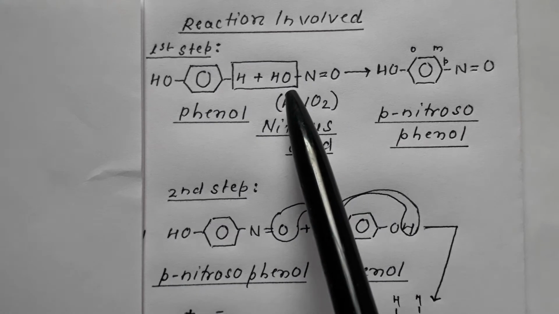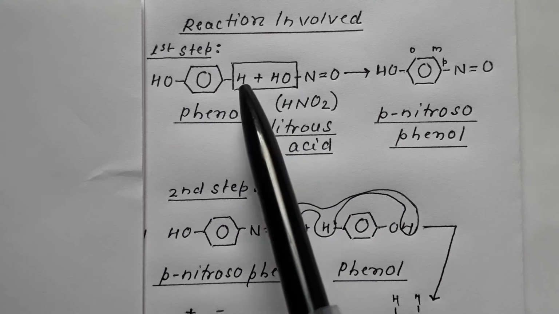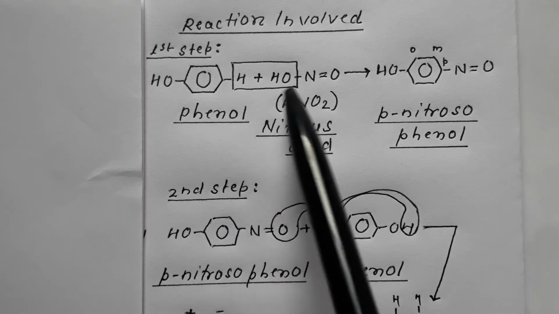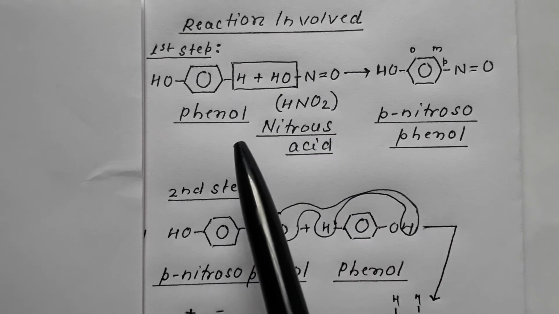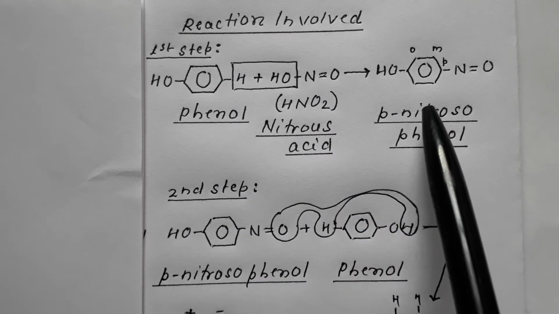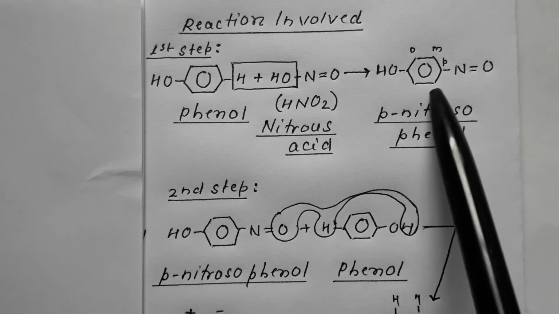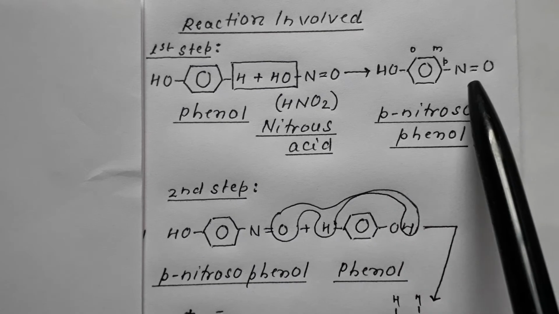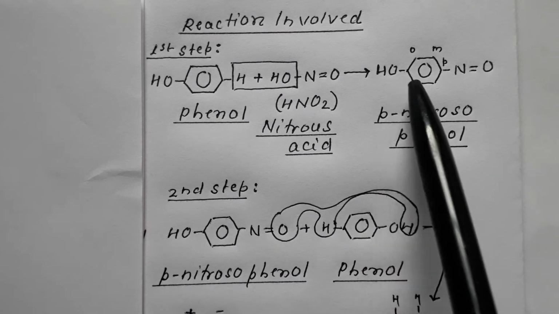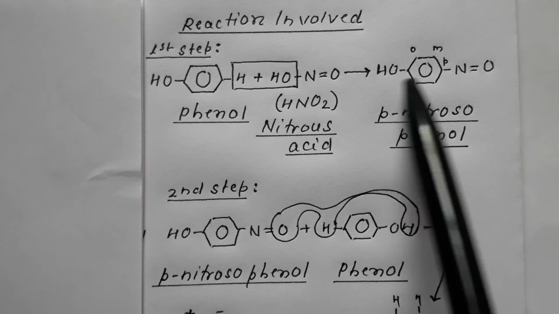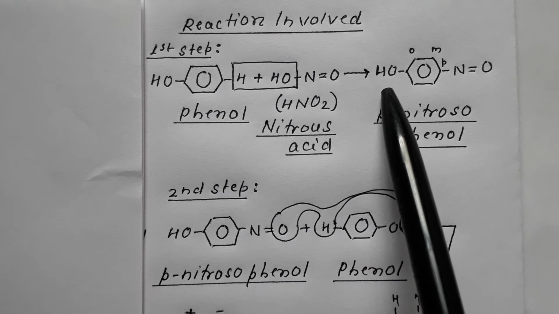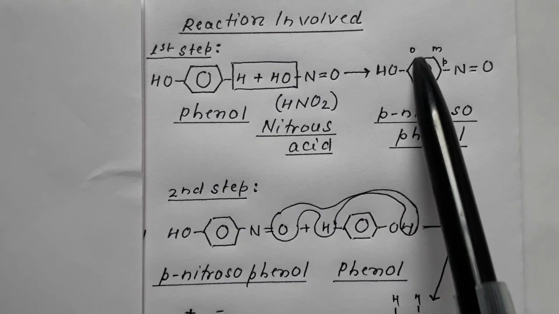So the OH from the nitrous acid and H from the phenol go in the form of a water molecule, and this NO comes at this position. So the resultant would be the benzene ring having OH and N double bond O. Of these two groups, OH is the preferred group, therefore this would be termed as the ortho position.